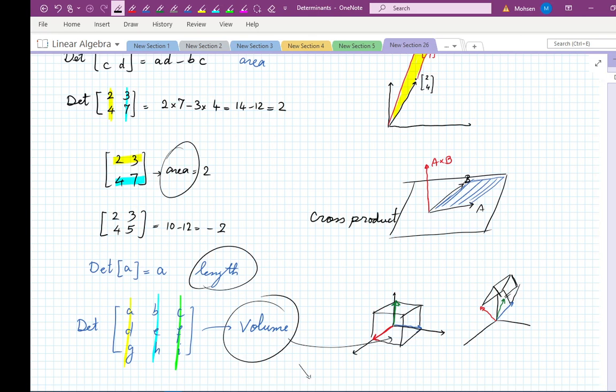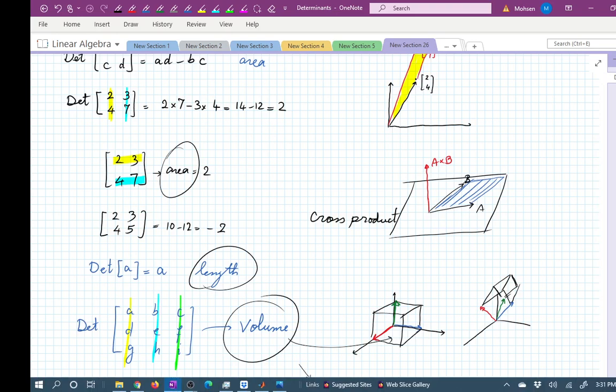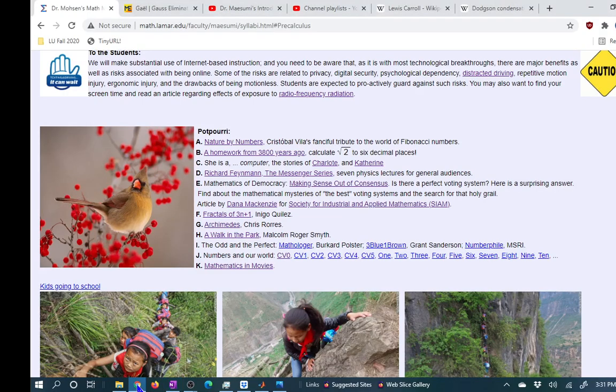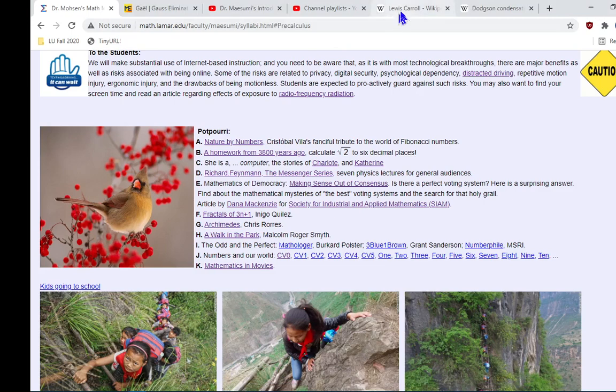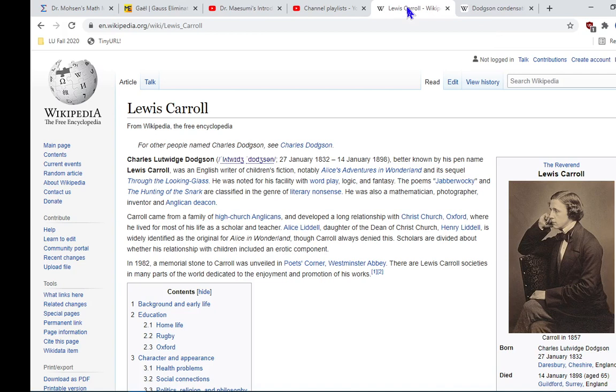Now, before we dive into all the algebra, let's have a little bit of interesting trivia about determinants. One person you would not suspect has something to do with determinants is Lewis Carroll. This is the pen name of Charles Dodgson, author of Alice's Adventures in Wonderland and Through the Looking Glass, and many other literary works.